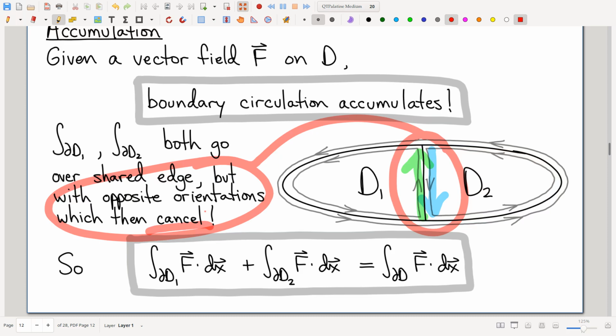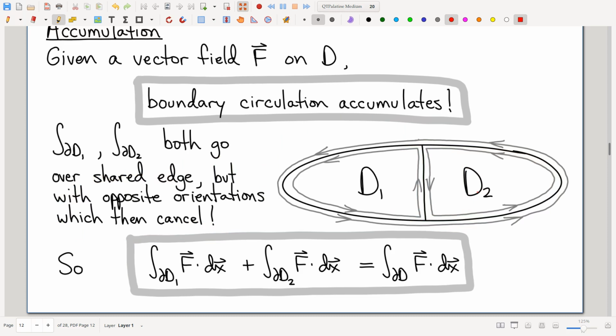And as required then, the boundary circulation for D1, the boundary circulation for D2, adds up to the boundary circulation of the union. So we've got ourselves an accumulating quantity here.